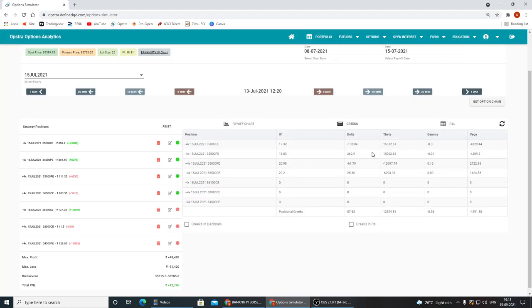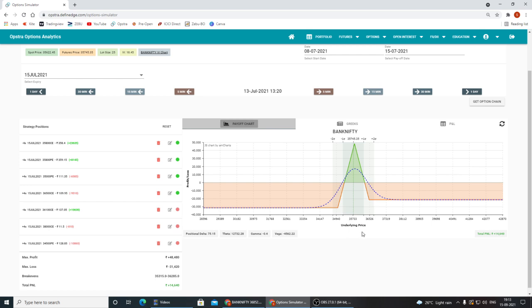Let's move further. 12,000 profit. 35,600, 35,620. Let's open the payoff chart. Guys, here there is an important piece of information. After we do a lot of adjustments, if the market comes back to its original position, we have to close the trade.